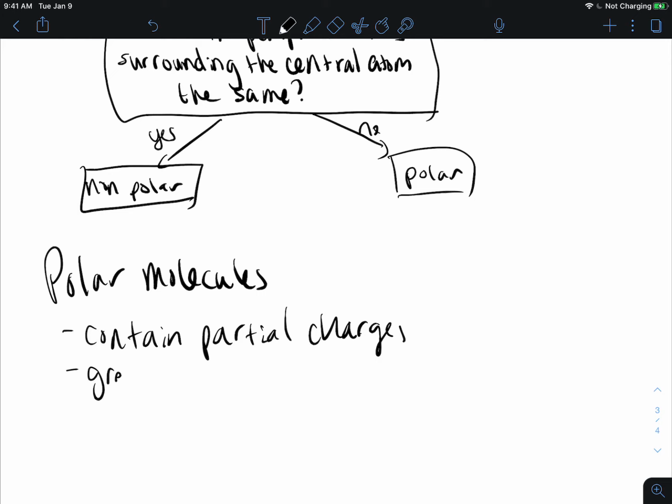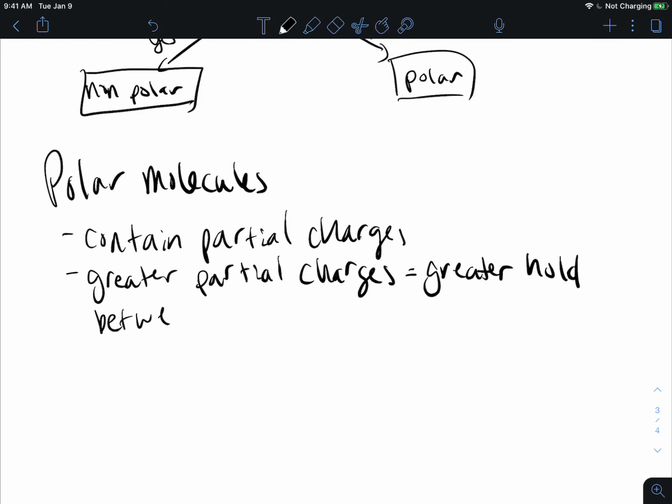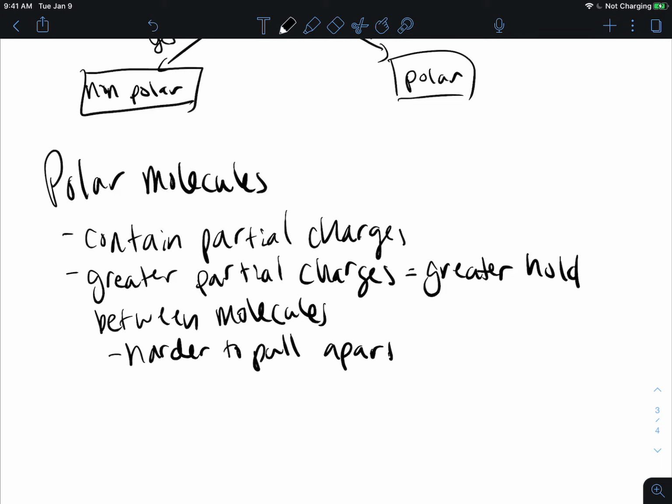Greater partial charges, greater hold between molecules. So what does that mean? If molecules are being held tighter together, then they are going to be harder to pull apart. That's going to lead to structures that are harder to melt, harder to boil.